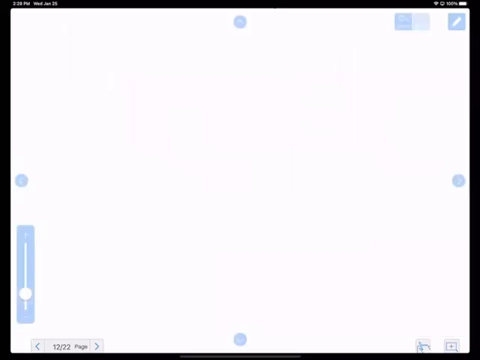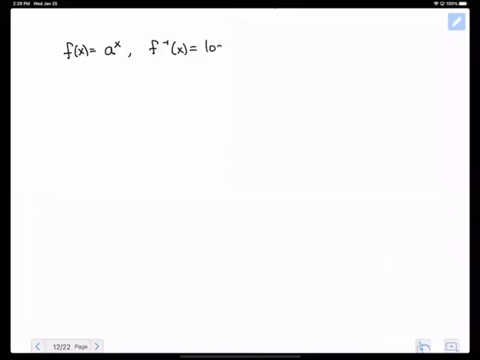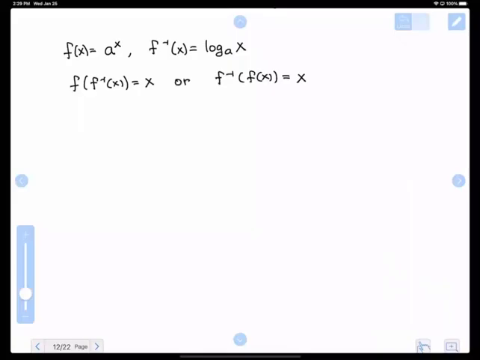Okay, f of x equals a to the x. Inverse function, that is log base a of x. They're inverses of each other. The composition of a function and its inverse is the identity, x. So I want to combine these together.